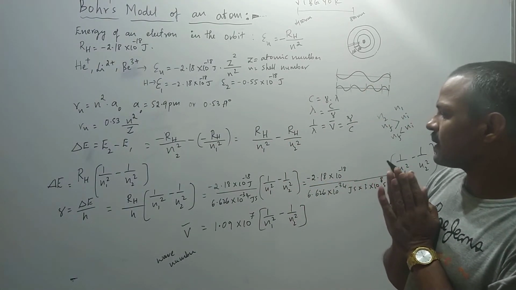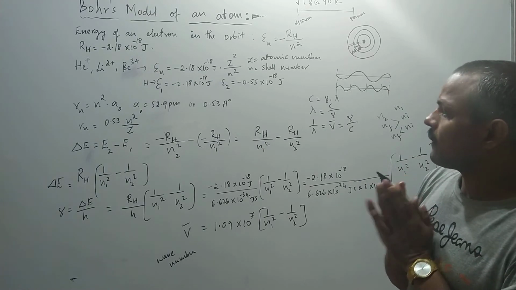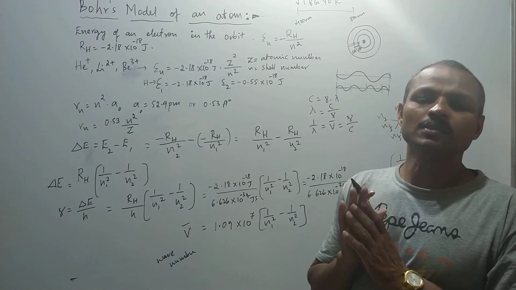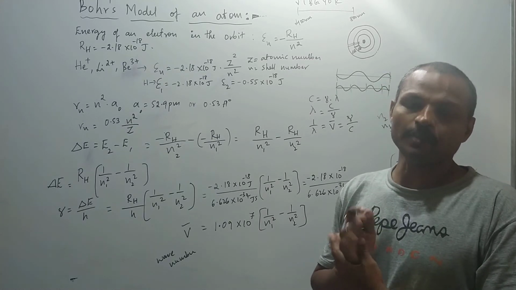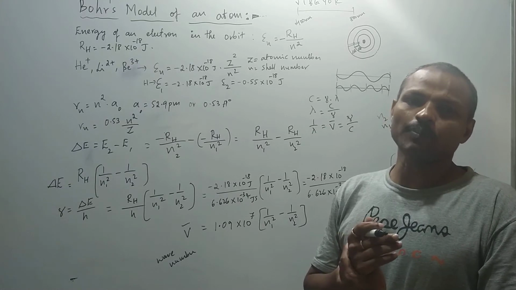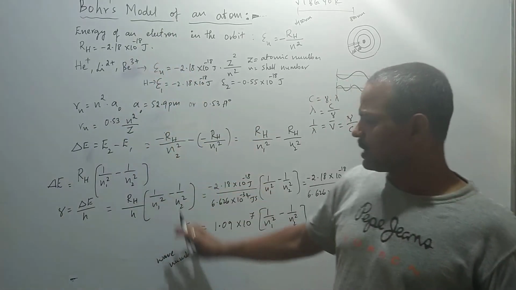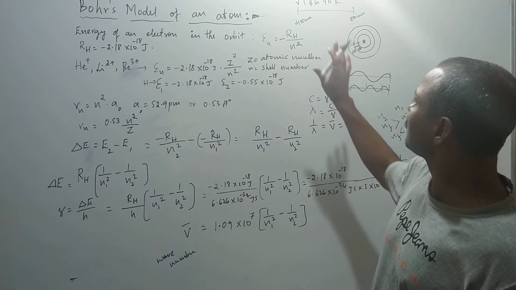That means here we know that the electron possesses dual nature, that means matter and wave. Electron possesses dual nature, like particle and wave nature. So it comprises energy as well as wave.